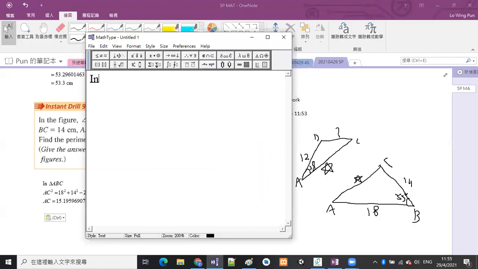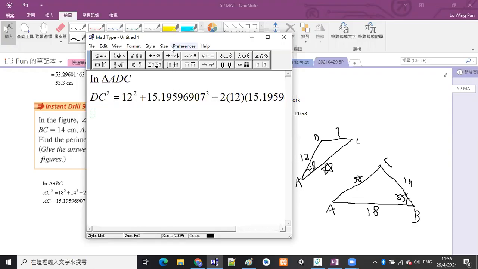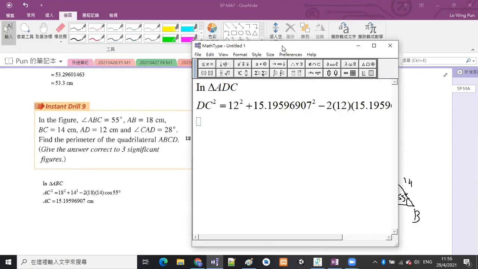In triangle ADC, DC square is equal to 12 square plus 15.19596907 square minus 2 times 12 times this number times cosine 28 degrees. Then you just use the calculator and don't forget to take square roots.